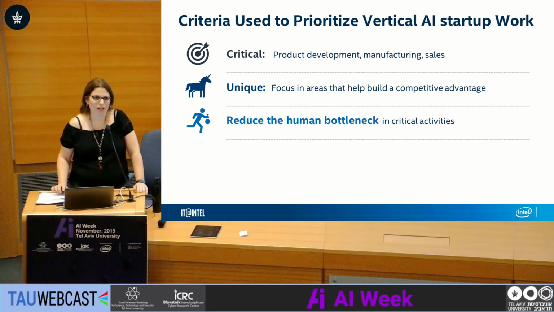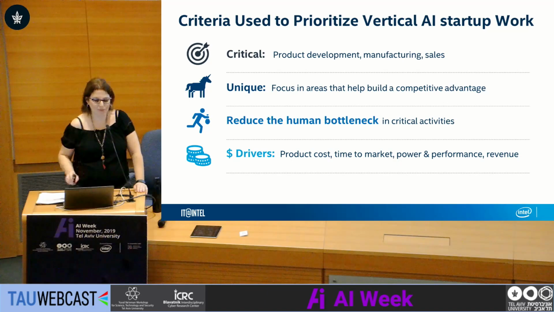Then, as we mentioned, one of the key goals would be to reduce the human bottleneck. So I am looking for places where I don't have enough people, or I don't have enough experts to make the smartest decisions, and I think that I can replace them with AI to shift or altogether eliminate this bottleneck.